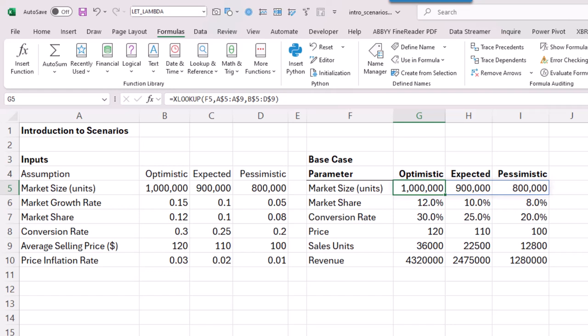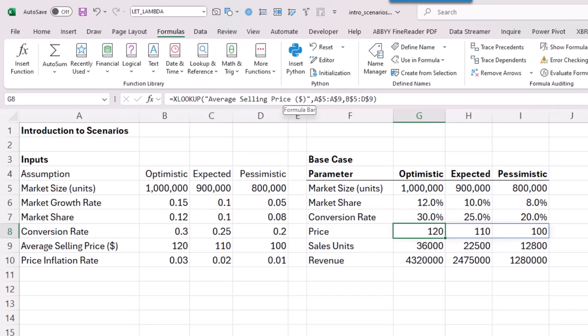And then go to B5 to D9 to find the appropriate value, which is here, here, and here. So it's dynamic rather than just do equals A5 equals B5. We use that. And the same, XLOOKUP, all the way down, or something very similar.